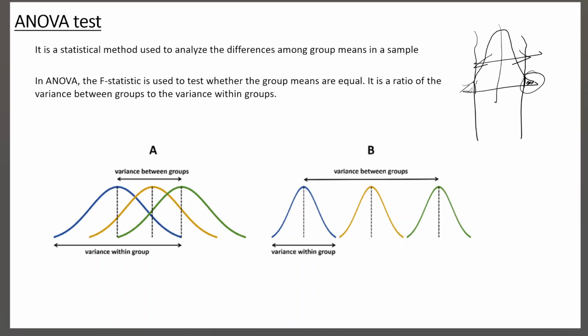The significance level is 0.05. If the p value is more than the significance level, the null hypothesis fails to get rejected.